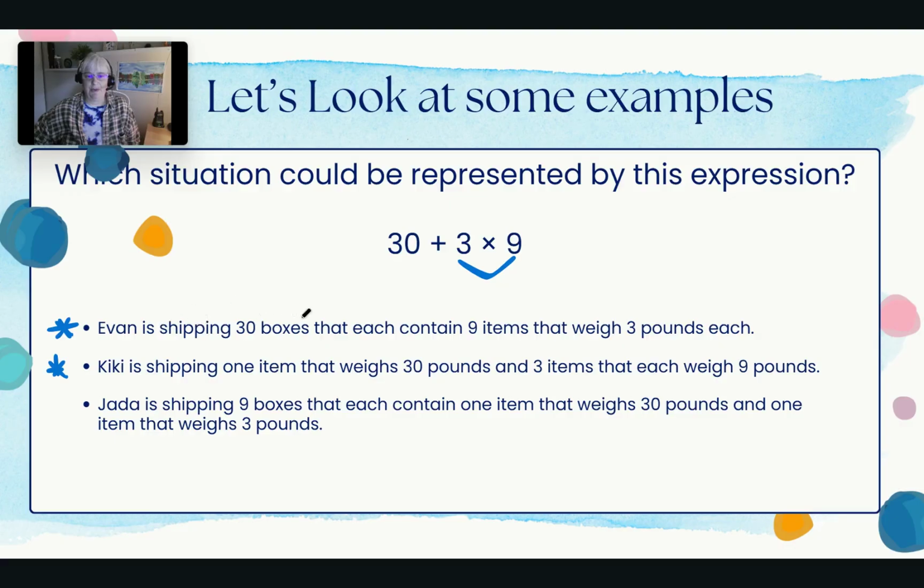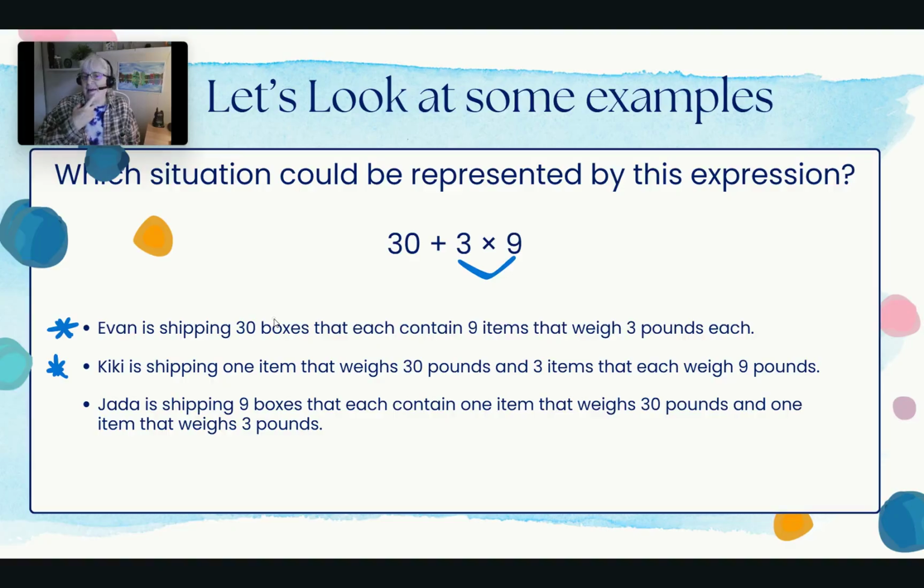Evan is shipping 30 boxes that each contain 9 items that weigh 3 pounds each. So 9 items, 3 pounds each, that would be 9 times 3, but then that would also be 30 times 9 because we'd have 30 boxes, each with those 9 items in it.